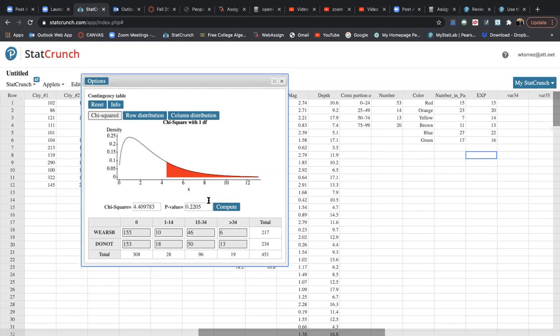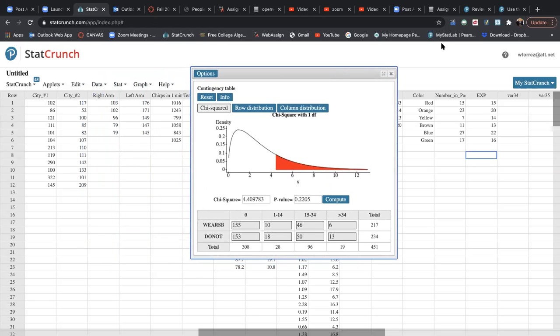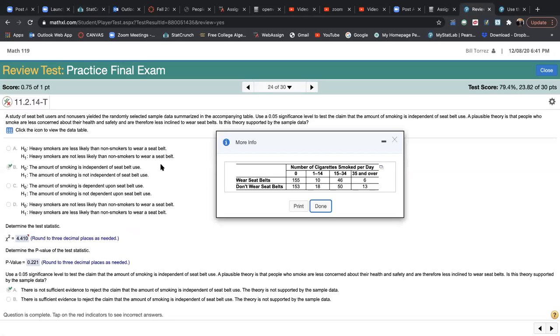And so now let's go back to our exercise here, and let's pick out the correct set of hypotheses. Notice that B fits the bill. Test for independence based on seatbelt use and cigarette use.